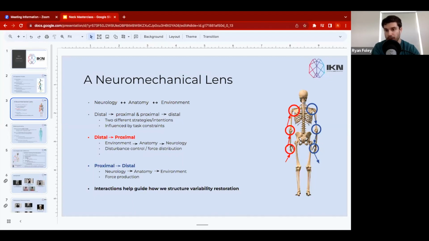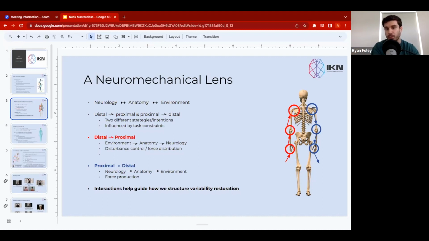The space between segmental interactions in the vertebral column, for example between C1, C2 and C2, C3, is very, very small, versus the interaction between the shoulder and the elbow, the humerus and the glenoid through the scapula, and the humerus and the radius and ulna. There's a very large distance there.